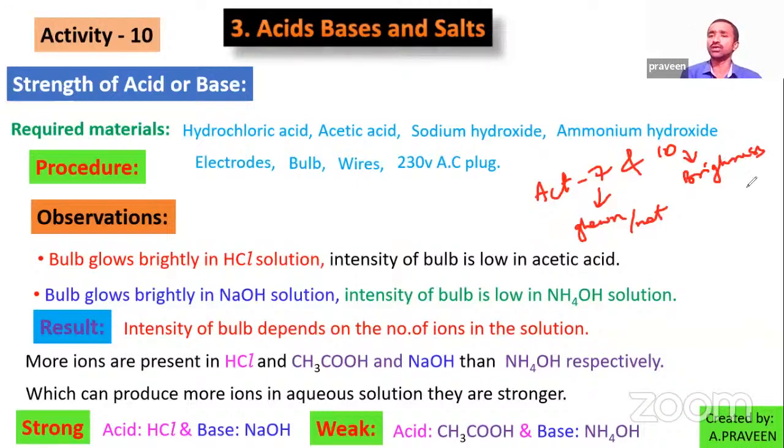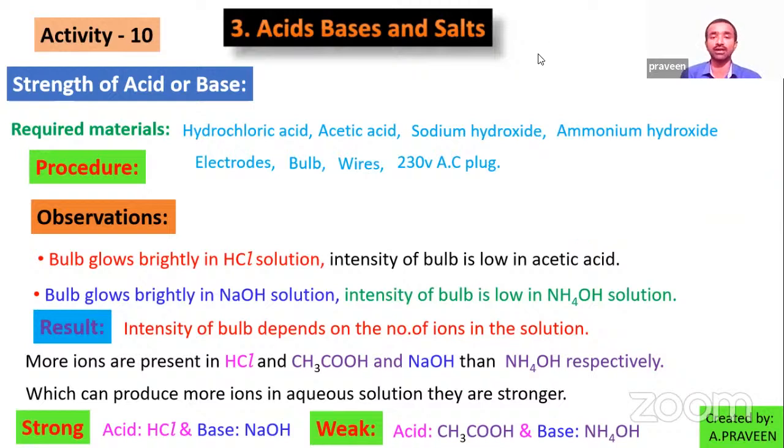Same. Only you are giving importance to the brightness of the bulb. In activity 7, you are giving importance only to whether the bulb glows or not, no importance to the brightness of the bulb. So that's why I am advising you to read activity 7 and activity 10, then observe them differently. Your observations are different in both activities. So this is activity number 10.